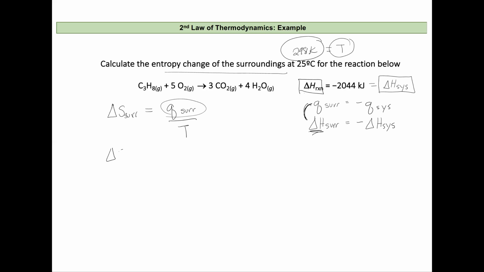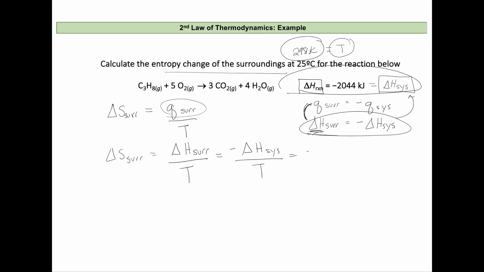I'm going to go ahead and say that the entropy of the surroundings can be approximated with the enthalpy of my surroundings divided by the temperature of the system. Based on this equality, that is the negative of the enthalpy of my system divided by temperature. And if we backtrack again, that really is the negative of the enthalpy of the reaction. Oh, sorry, it all came at once. Over temperature. Now I have something I can solve with what I have in my problem.